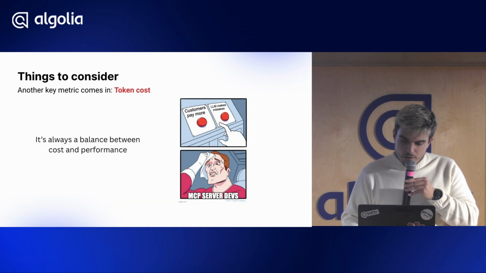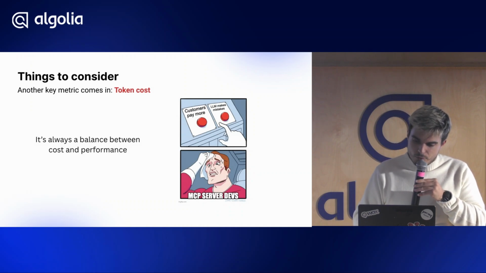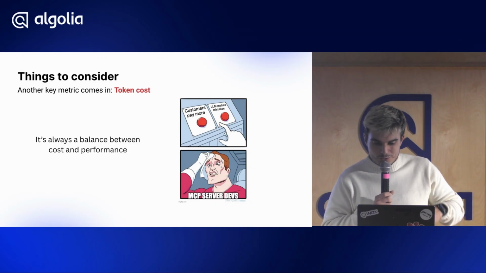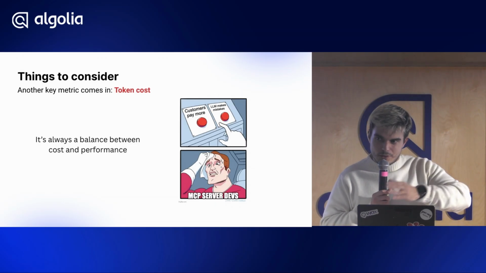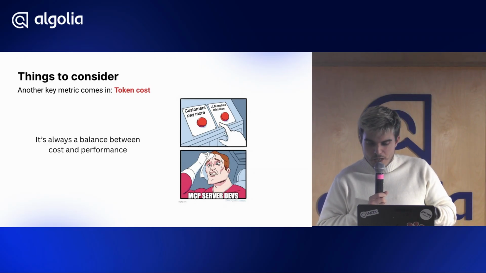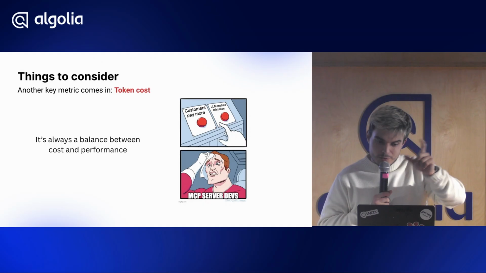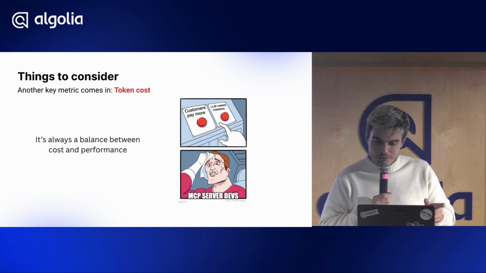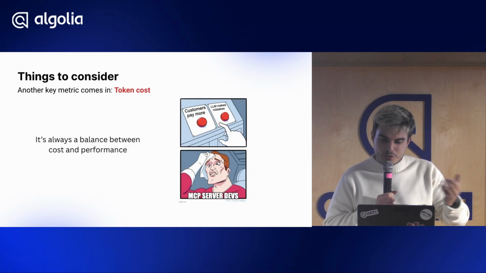Another key metric is that you have to watch for token costs. As a server, it's also important to take care of your clients because what you output is what is written in the context window of the people. So if you put some strings, some piece of text in your description of tools, then it has to be justified because it will cost money to people that call you.